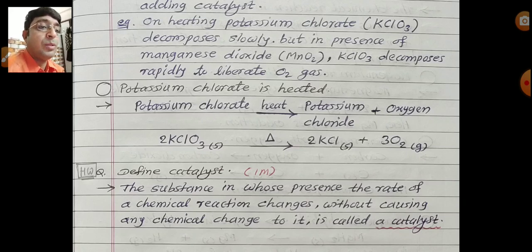So potassium chloride plus oxygen is formed. 2 times KClO3, solid in state. Heat is indicated by the triangle, a symbol for heat. So it forms potassium chloride, 2 molecules, that is 2 times KCl, solid in state, plus 3 molecules of oxygen, that is 3O2. These multiplying numbers are used for balancing the reaction.